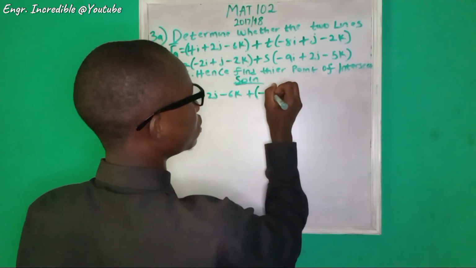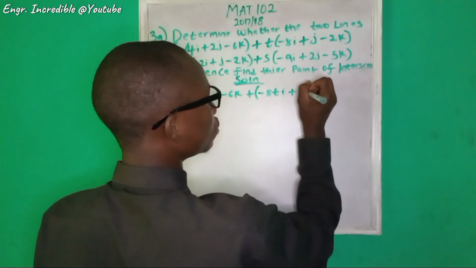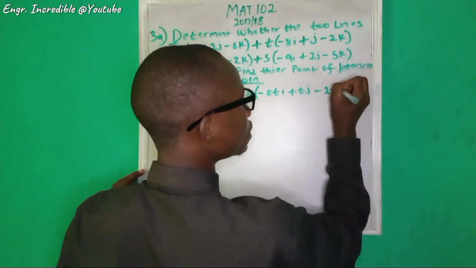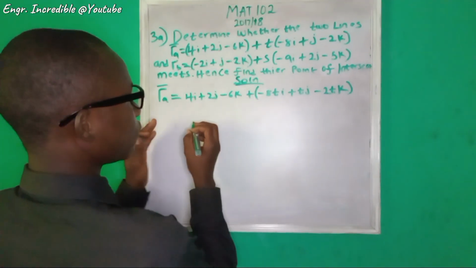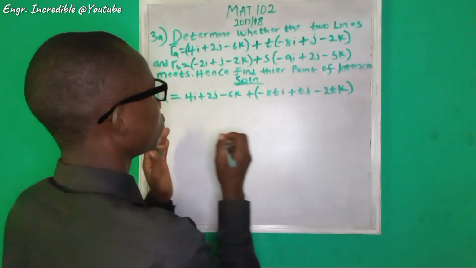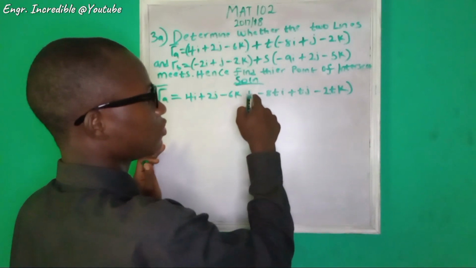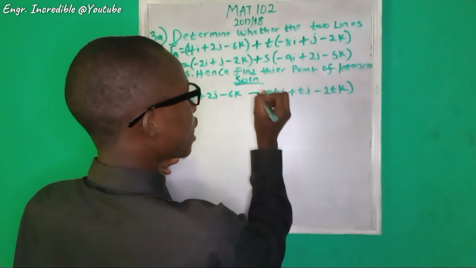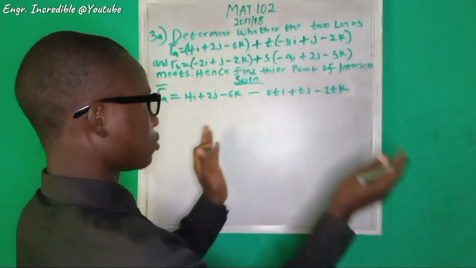We have -8ti, then +tj, then -2tk. If I remove the bracket, the minus times plus will be equal to minus.